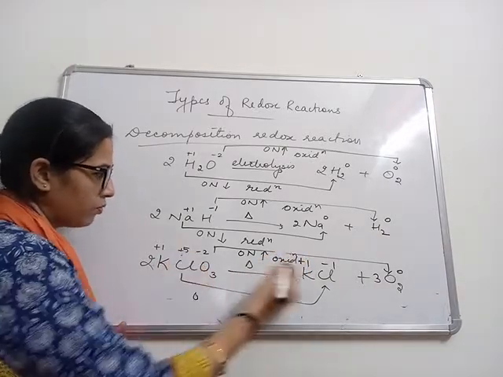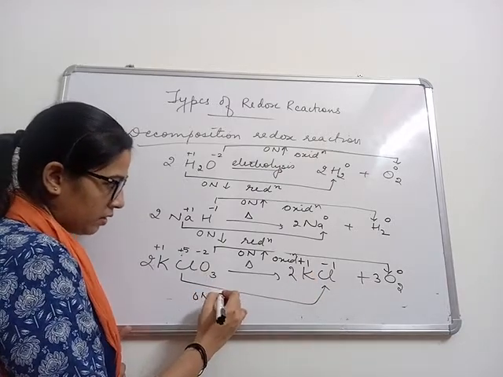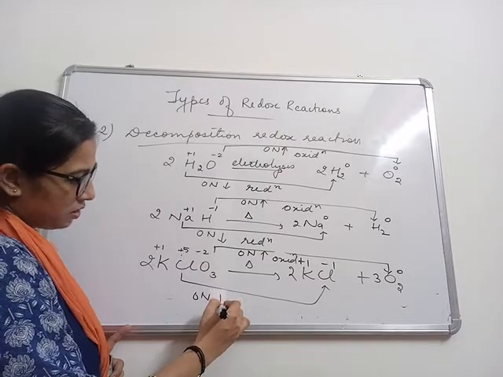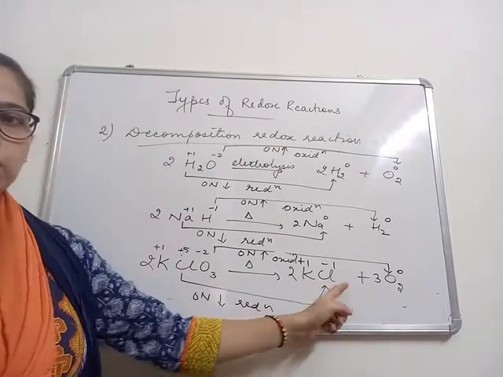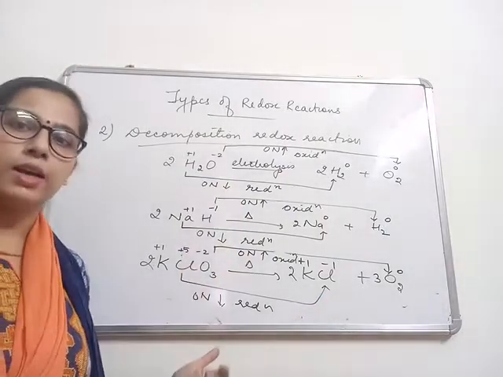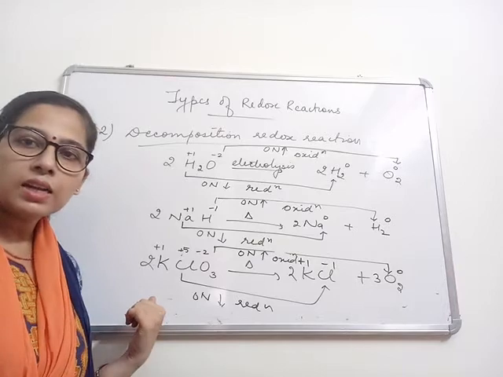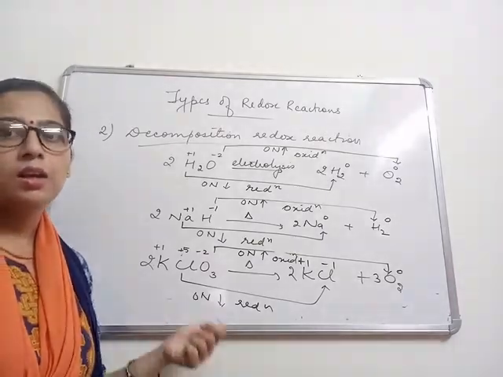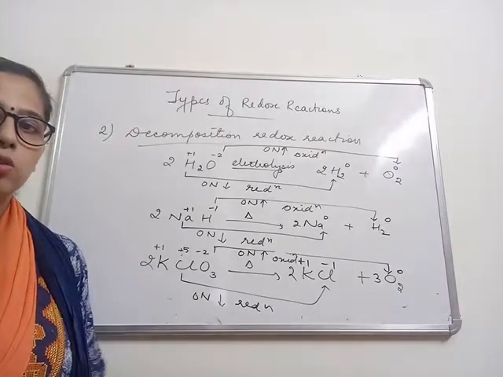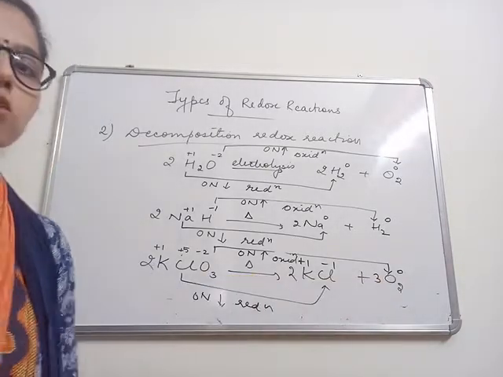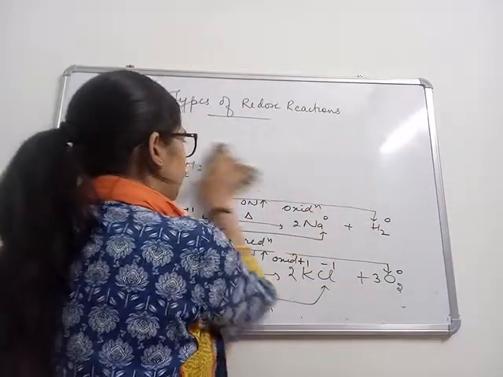And Cl is from +5 to -1, the oxidation number is decreased, so it undergoes reduction. प्लस 5 से माइनस 1 में आ रहा है तो ऑक्सीडेशन नंबर कम हो रहा है, रिडक्शन हो रहा है क्लोरीन का. तो KClO3 में Cl का तो हो रहा है रिडक्शन टू KCl एंड O जो था KClO3 के अंदर उसका हो रहा है ऑक्सीडेशन, it turns to oxygen. So this is the decomposition redox reaction.